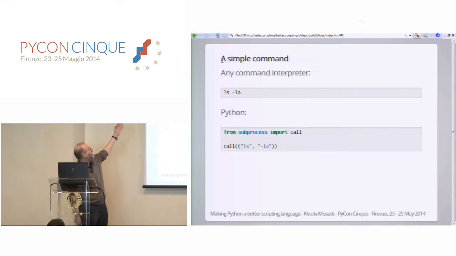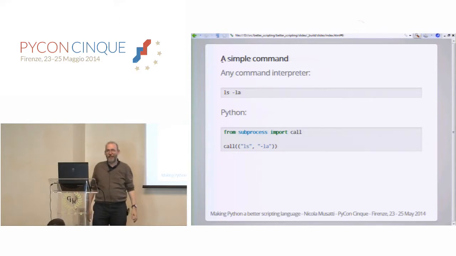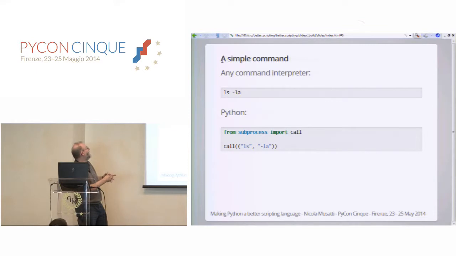Just about any common interpreter, even the old DOS, you just write your command and it executes. In Python, there are different ways, but at the very least, you have to import a module that provides the plumbing for executing external commands and write something like that.